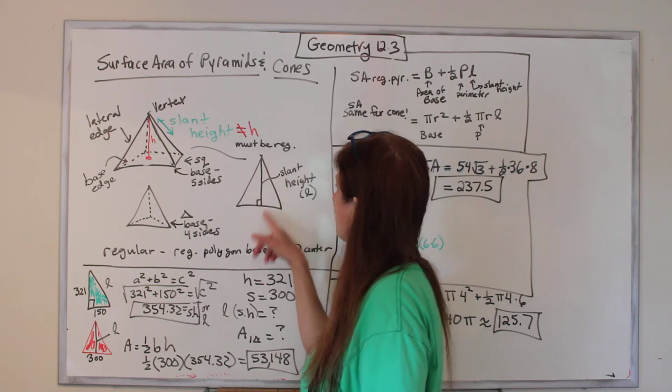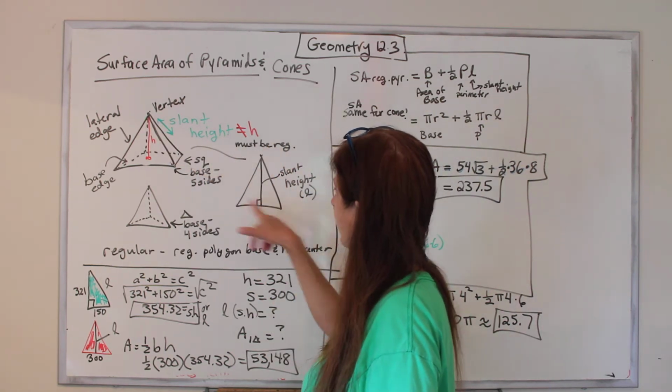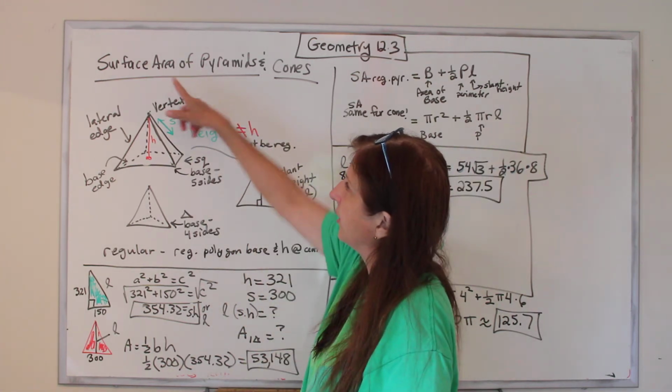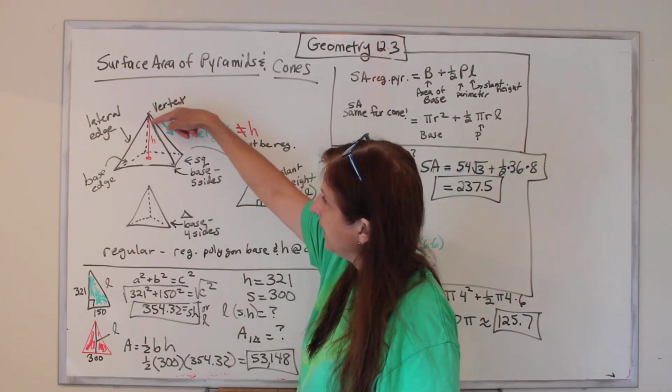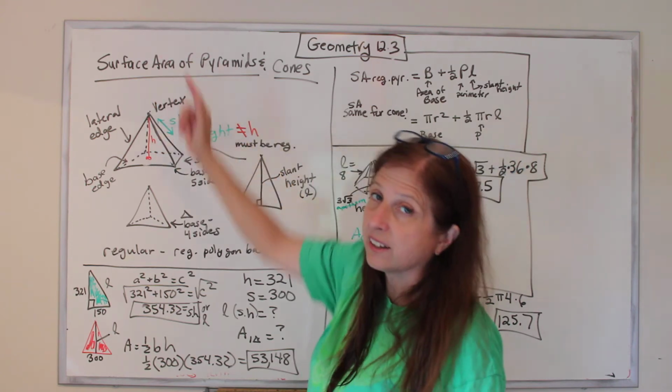The height of this triangle is the slant height. So if we take that triangle off and stick it right there, we could figure out the area of this triangle when we're figuring out the surface area. But the height here is the slant height. The height going down into the pyramid is Indiana Jones rappelling down into the snakes.